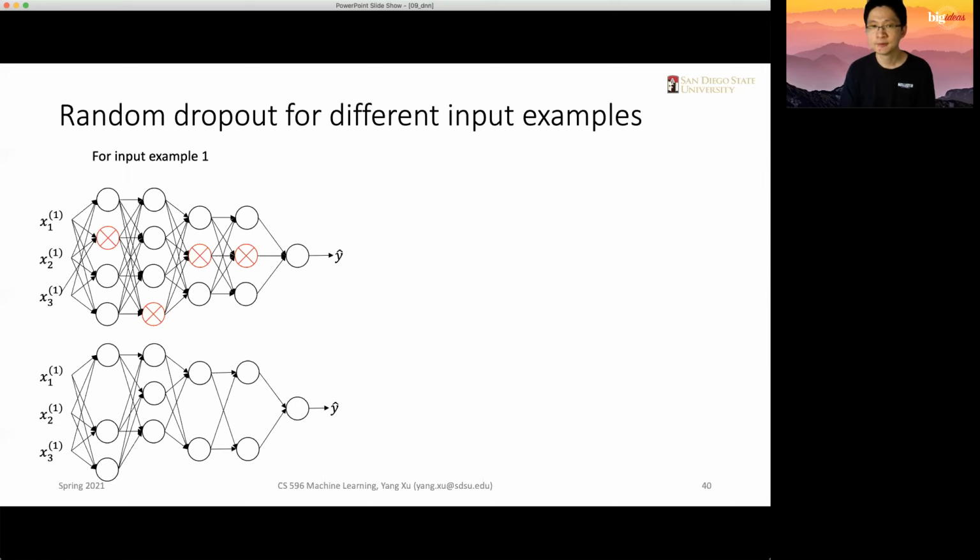I have a question. Instead of removing these neurons, if we just set some of the weights to 0, is that also called dropout, or is there nothing like that? You mean to make those particular parameters 0?